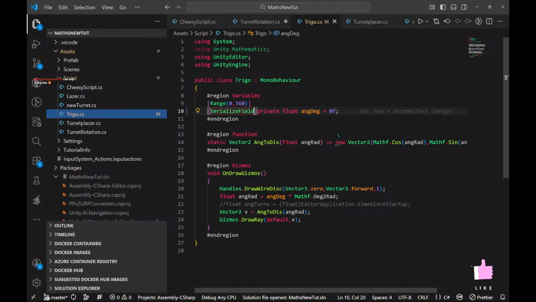Public float equal to 0f. Static, so I have to understand the static functions. I forgot, something you cannot change. Distance.